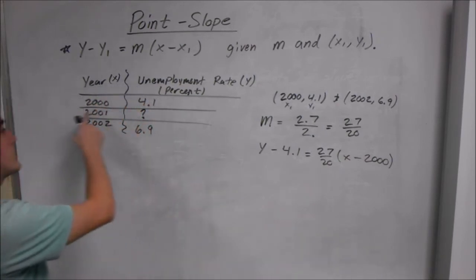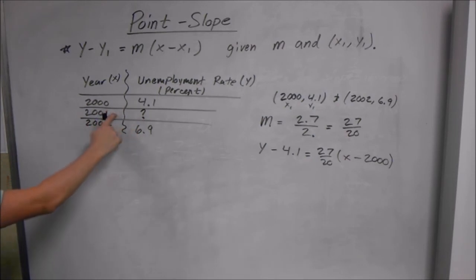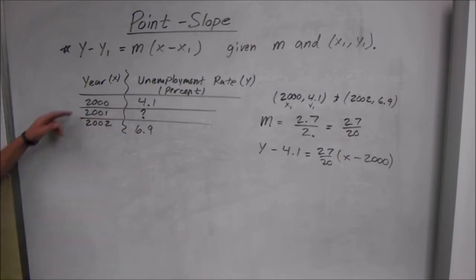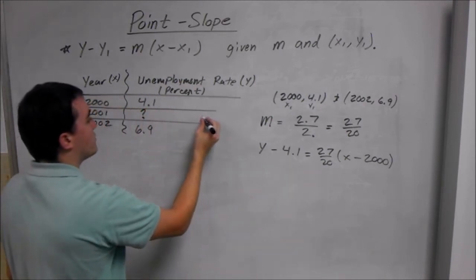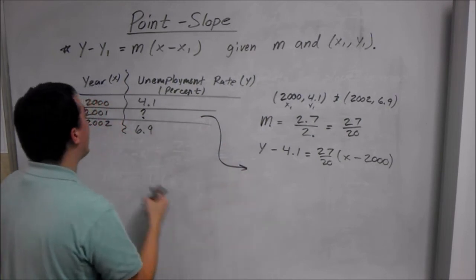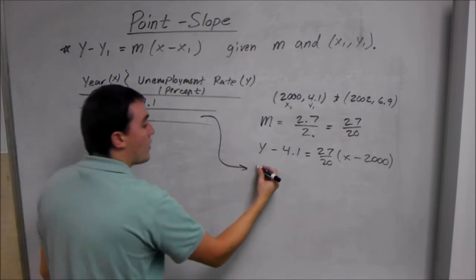From here, we could figure out what our y value for 2001 is. All we have to do is plug in our x value and we'll have it. So we do that. We find this by plugging in what we have. We have x, 2001. Y stays the same for now.